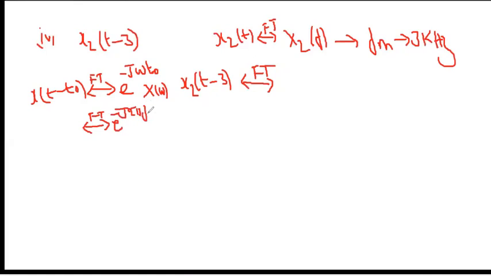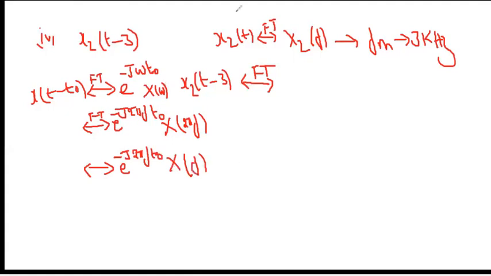That is the shortcut notation, if it is t naught, you can write it there into x of f, with 2 pi f. After that, you can write the shortcut notation. The Fourier transformation is e power minus j 2 pi f t naught into x of f only, my dear students. Okay.